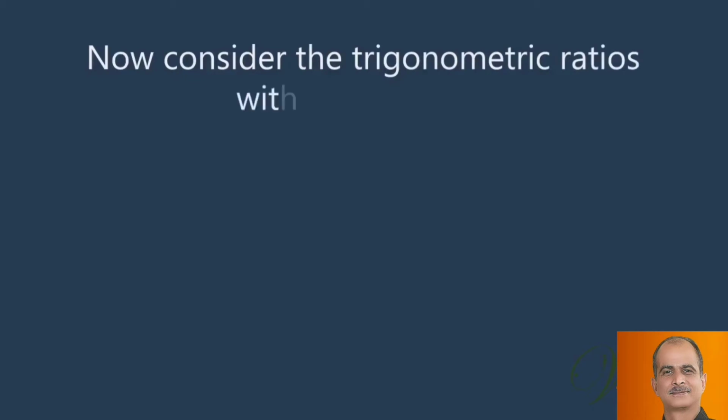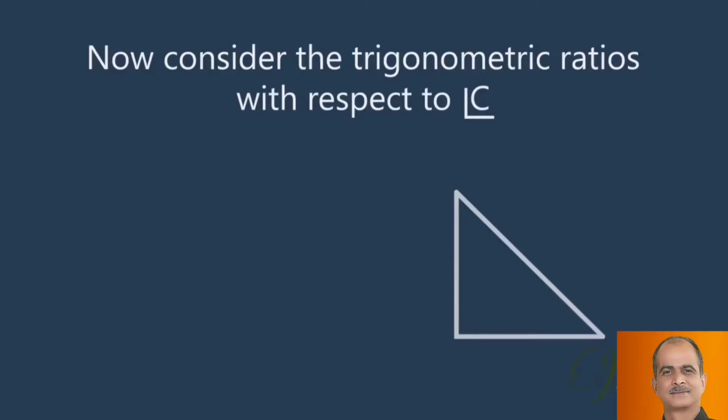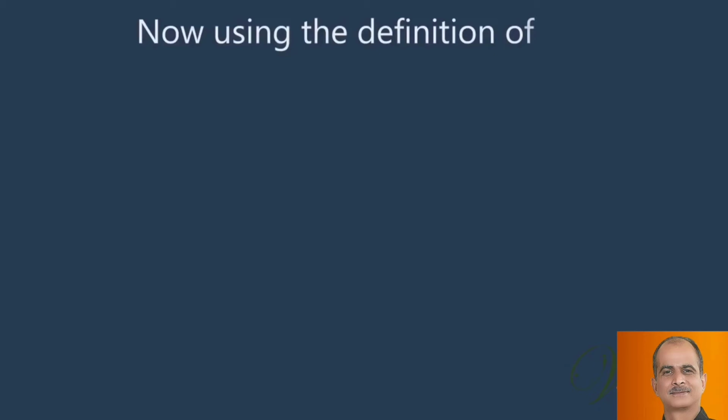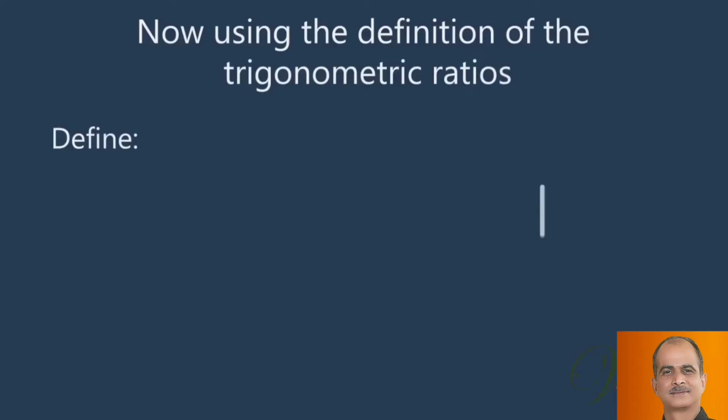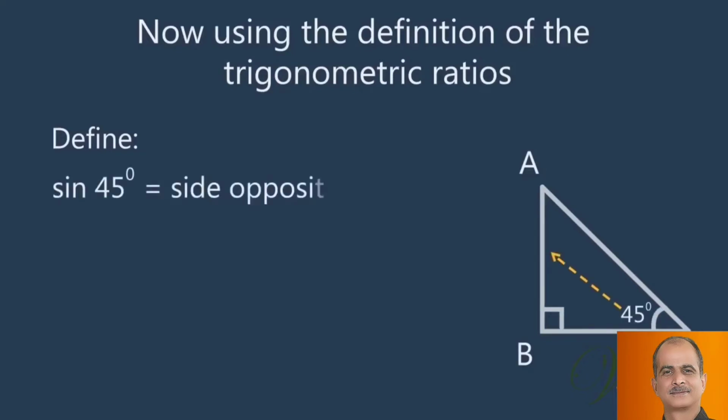Now consider the trigonometric ratios with respect to angle C. Here angle C is equal to 45 degrees, B is equal to 90 degrees and A is also 45 degrees. Now, using the definition of the trigonometric ratios, sine 45 is equal to the side opposite to angle 45 upon hypotenuse.